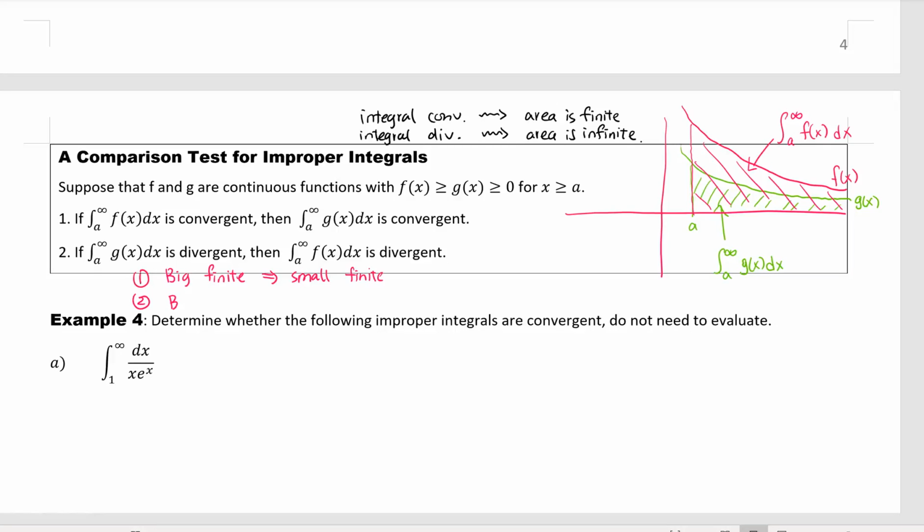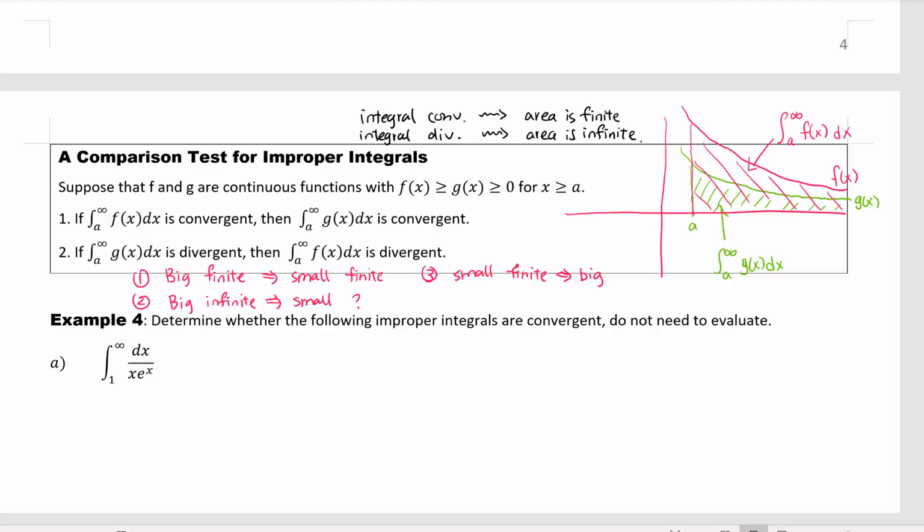If the big guy is infinite, what can you say about the small guy? We have no conclusion about the small guy. It could be finite or it could be infinite, right? How about if the small guy is finite? What can we say about the big guy?